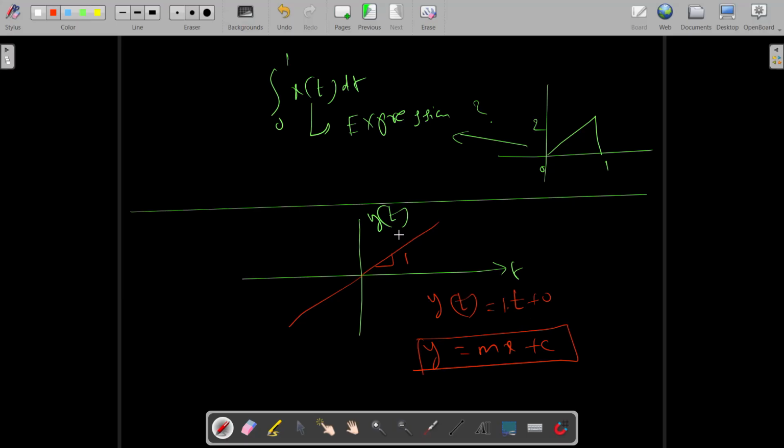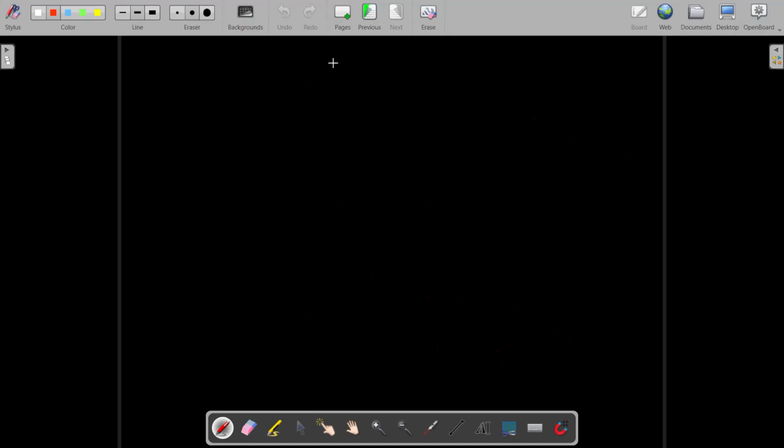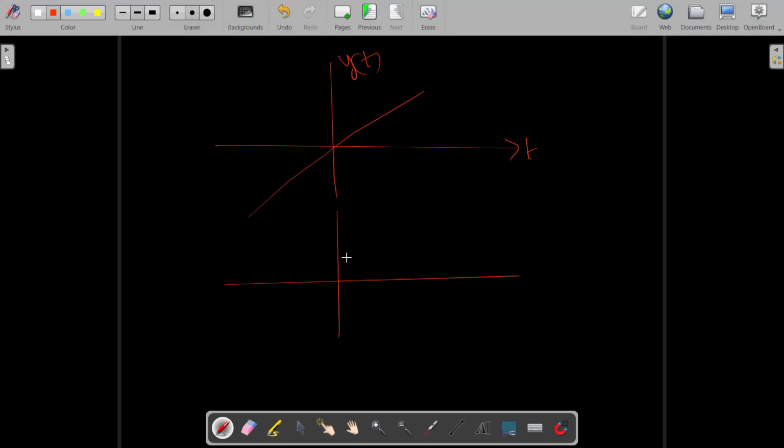What I will do now, I will take this y of t and multiply it with, so let us go to the next slide. Let us take the same signal, this y of t, and let us multiply it with this. Let us multiply this with a pulse from 0 to 1 with amplitude 1. Let us call this z of t.